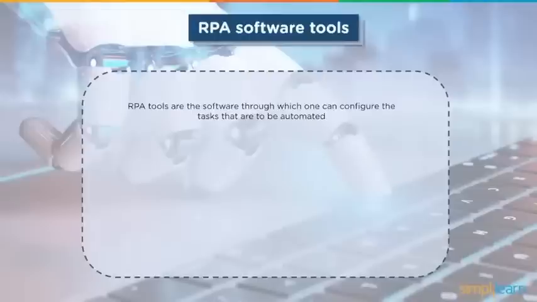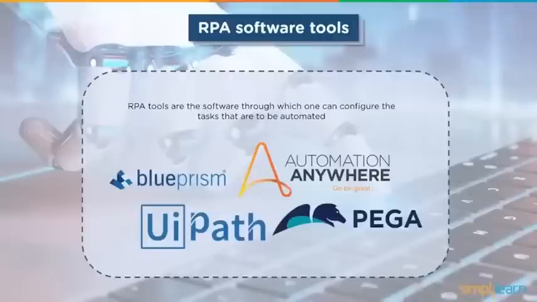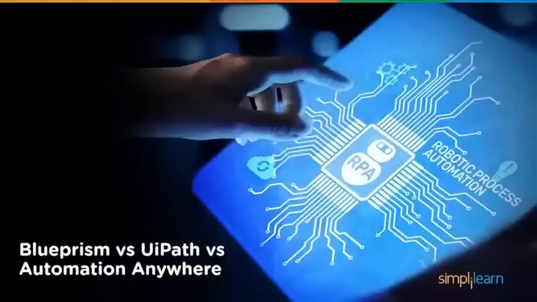RPA tools are the software through which one can configure tasks that are to be automated. Some of the widely used tools are UiPath Studio, Automation Anywhere, Blue Prism, WorkFusion, among others. Now, assuming you have a basic understanding of RPA, let's go on and compare the popularly used tools.